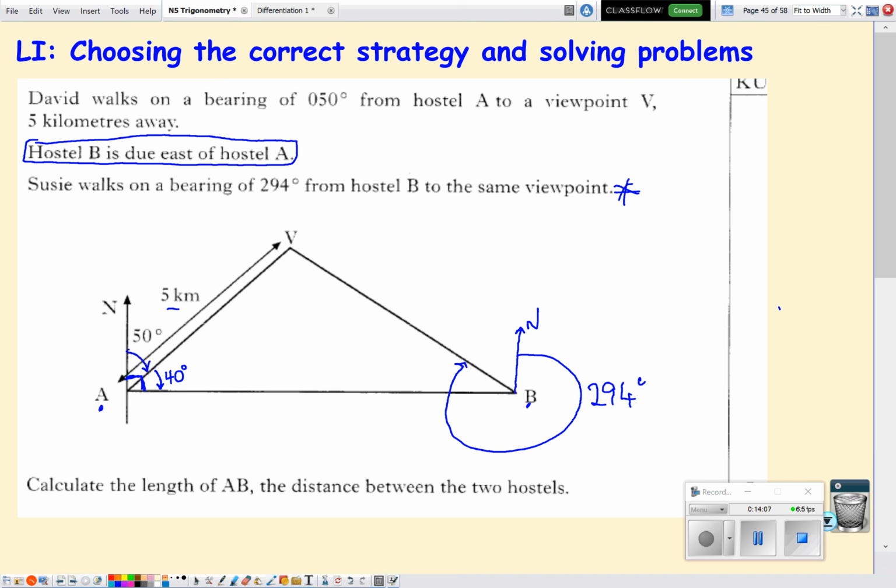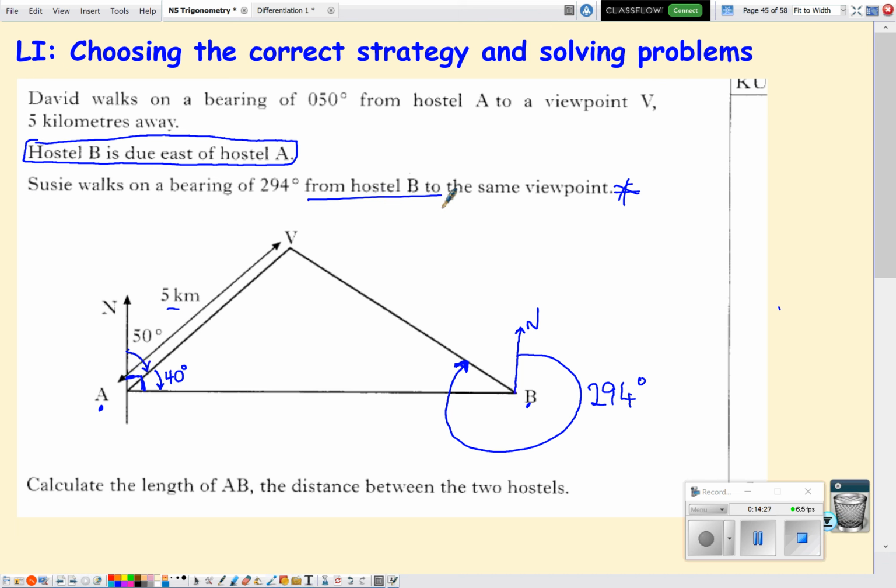So that's 294 degrees from the north line all the way around to the line that takes you from B to V, because it's from hostel B. Imagine yourself standing at point B facing north. That is the bearing from B to the viewpoint.